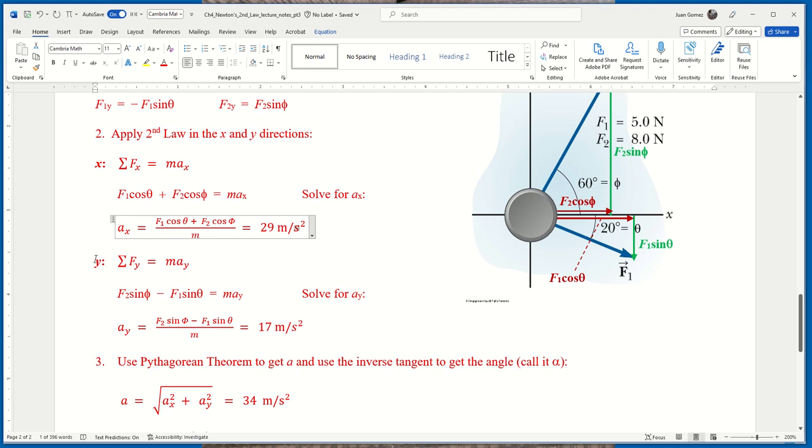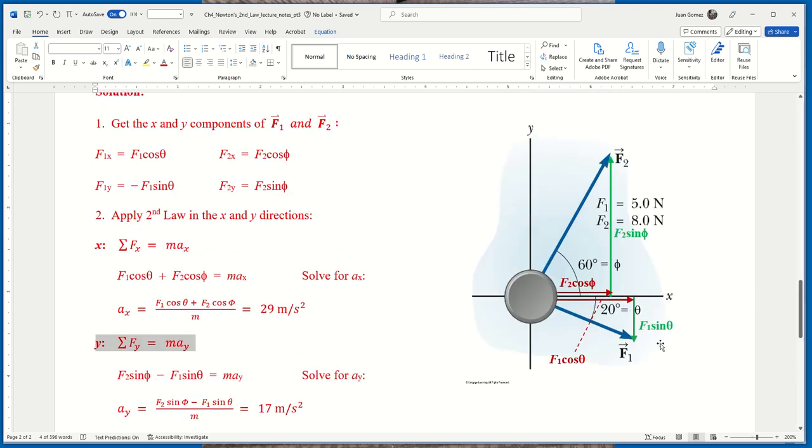Okay, now let's do the same thing. Let's apply Newton's second law in the y direction. The sum of the fy's equals may. Well, what forces are acting in the y direction? Well, look at your figure. You have f1 sine theta and f2 sine phi. But remember, f2 sine phi is positive, f1 sine theta is negative.